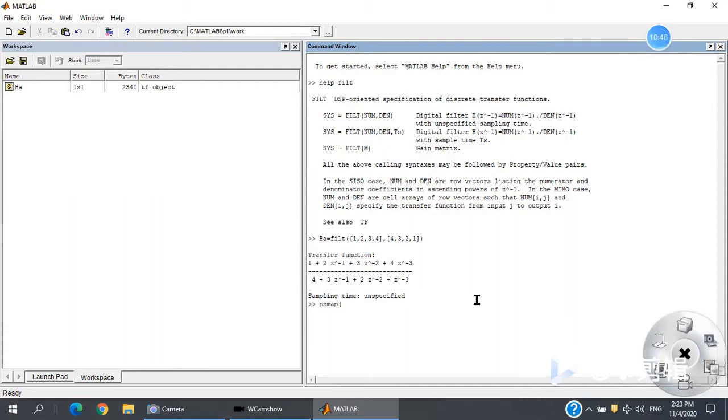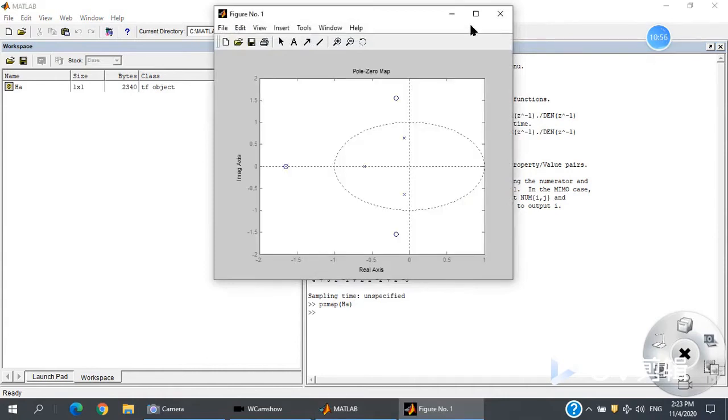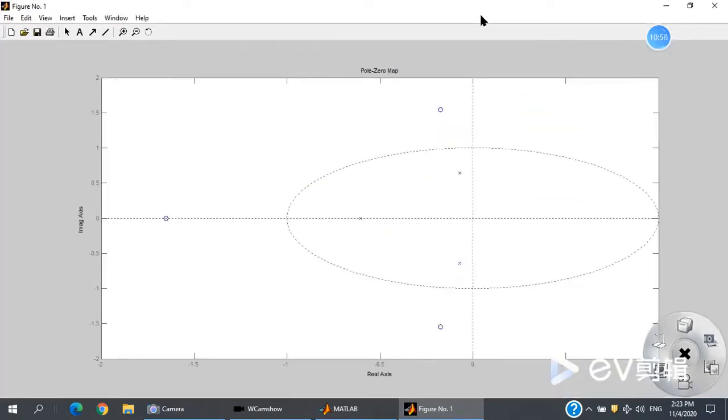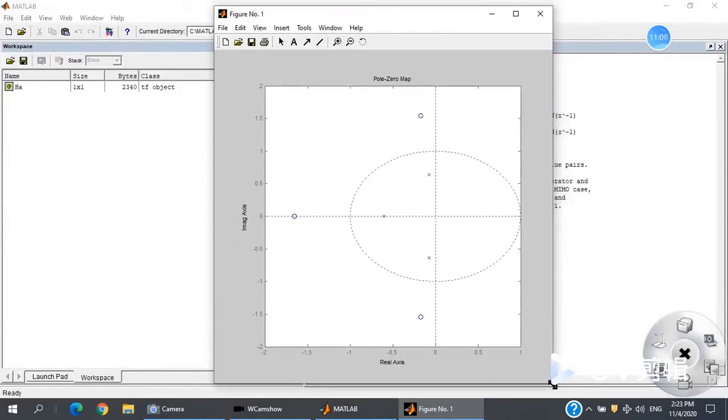of this HA. Okay, you can see here's a circle, it's a dash circle. Let me make it look more like a circle. This is fine, right? This circle is a unit circle.